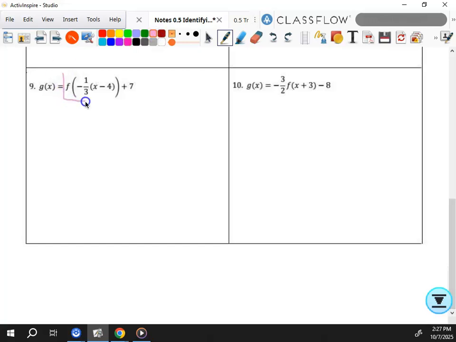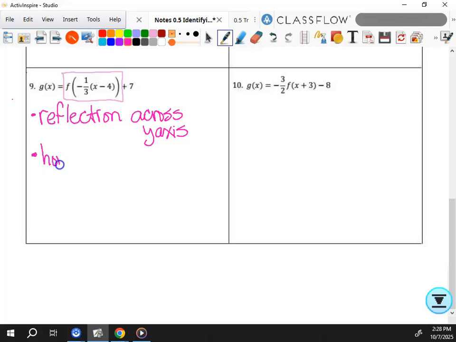All right, so that's what I'm boxing. So I'm going to start off. I want to make sure I finish before the announcements come on. So I got a reflection across which axis? Y-axis. That 1/3 means this is a horizontal dilation by 3.